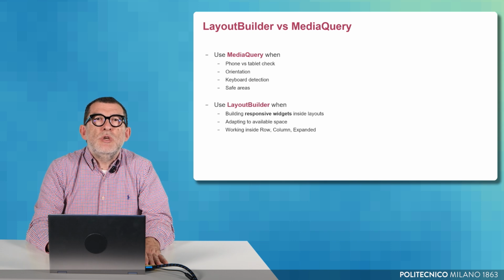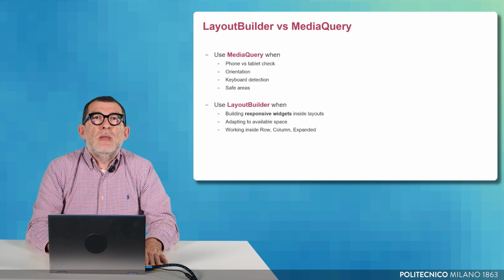More in detail, we use Media Query when we want to access global information about the device. For example, we want to check whether the device is a phone or a tablet, determine the screen orientation, consider safe areas, or detect whether the keyboard is visible. On the other hand, we use Layout Builder when we want to build a responsive widget within a specific part of the layout.